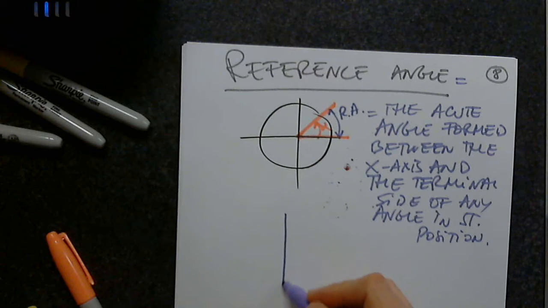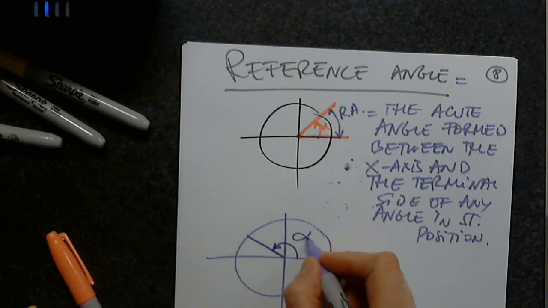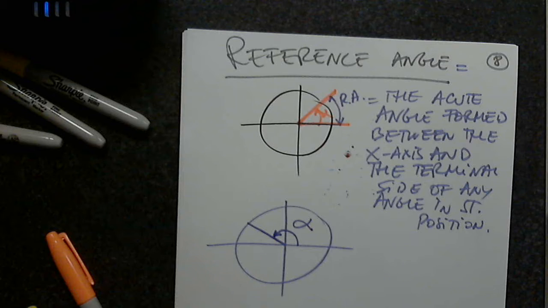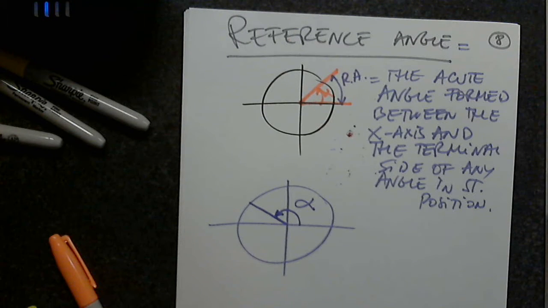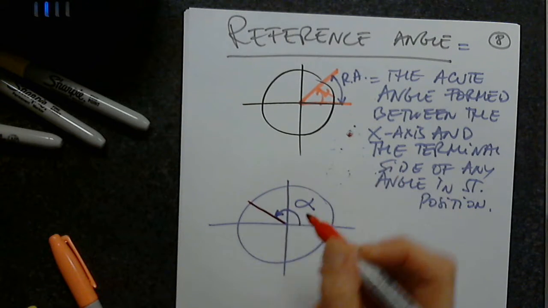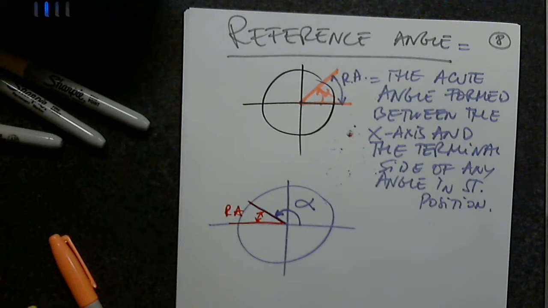Here is an angle in standard position, alpha, with a terminal side in the second quadrant. Where is its reference angle? The acute angle formed between the terminal side and the x-axis. This is the RA.